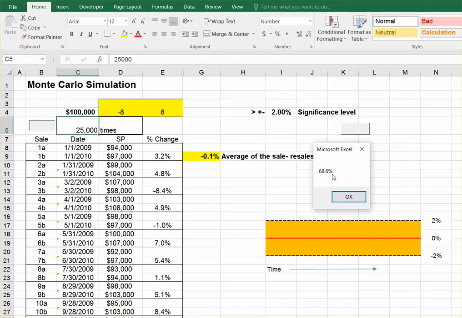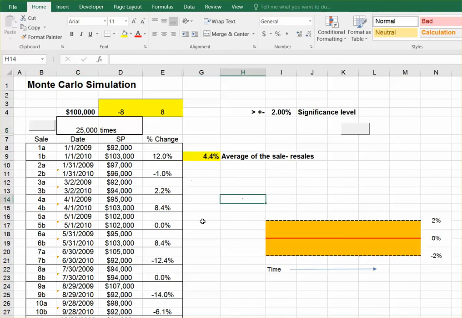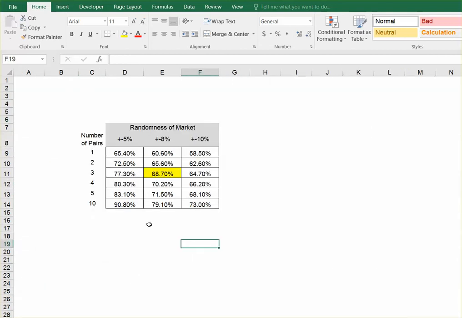Okay, so we got 68.6%. Now I did a table, and I think it's in the book, and we came out in the book 68.7. When I ran it before, it came out 68.7. This time it came out 68.6.